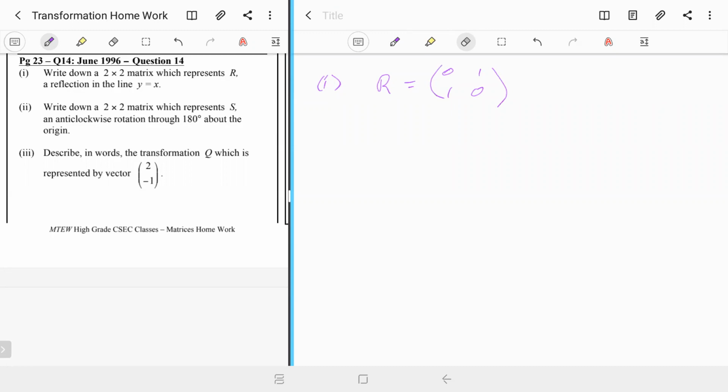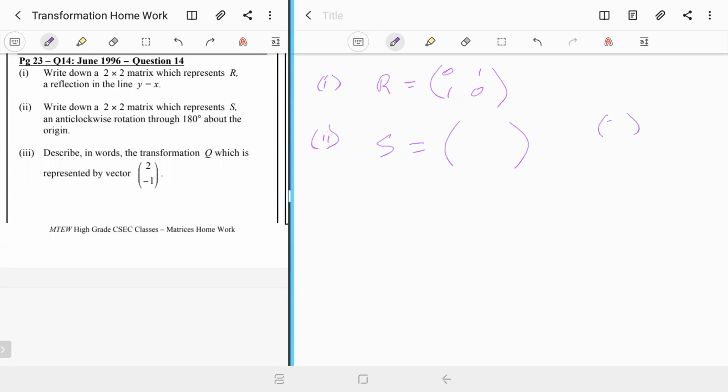Part 2. Write down the 2 by 2 matrix which represents S, an anticlockwise rotation of 180 degrees about the origin. That's a 180 rotation matrix, as I told you. It doesn't matter if it's clockwise or anticlockwise. You must call it S. S equals the one that has the x-axis and y-axis reflections in it.